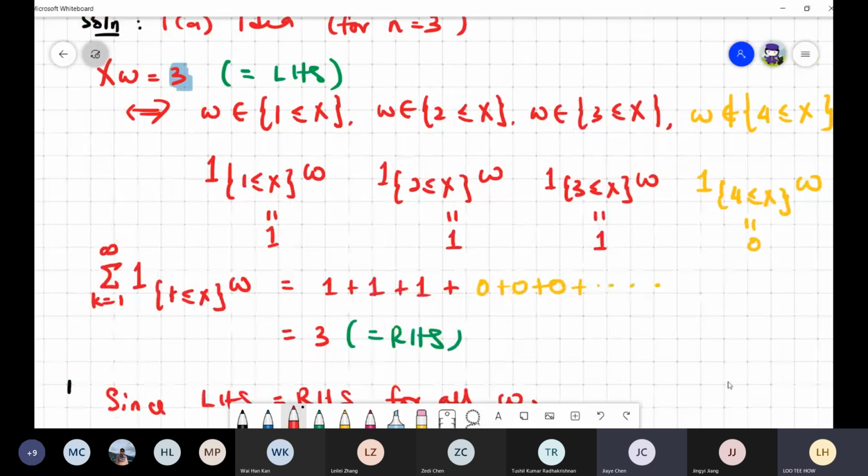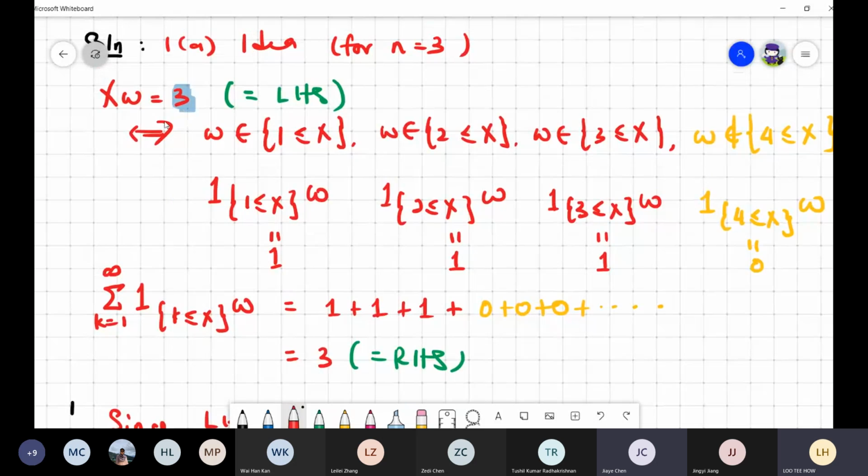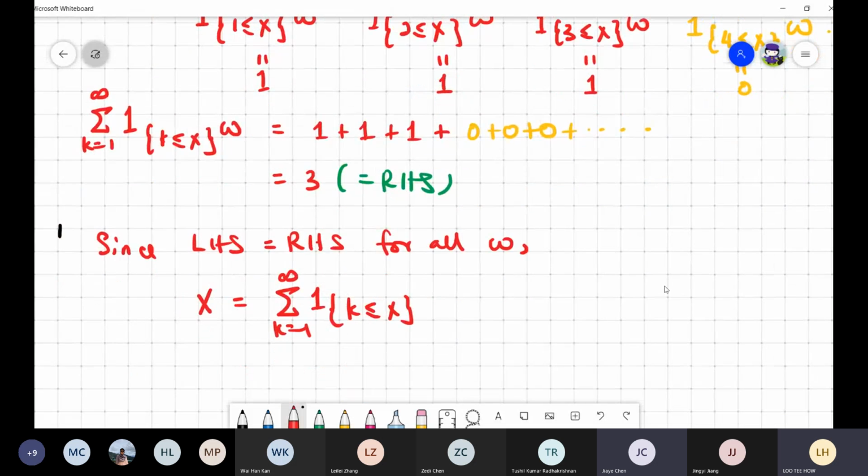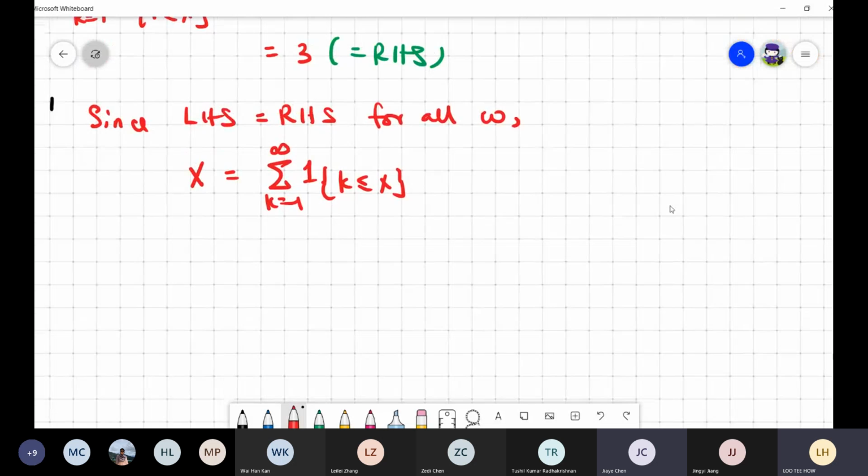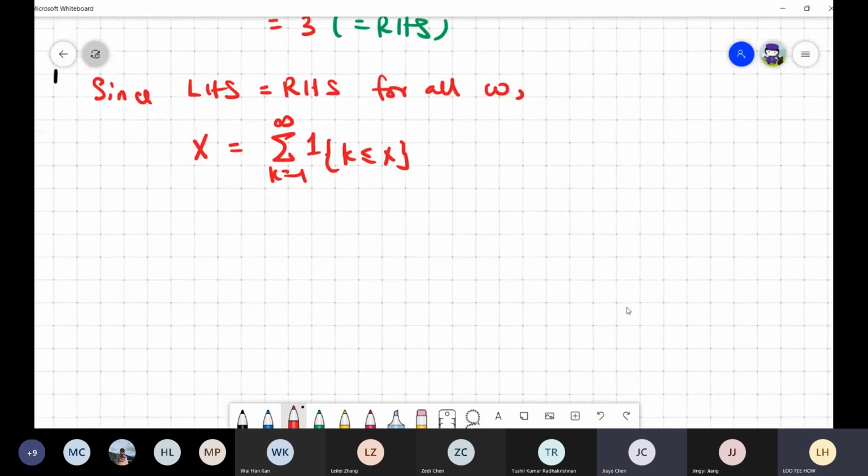The solution is actually the general one. This method is applicable to all positive integer n. I just use n equals 3 to demonstrate the process of the solution. If you can follow this, then you should be able to follow the general case. So this is the solution for question 1a.